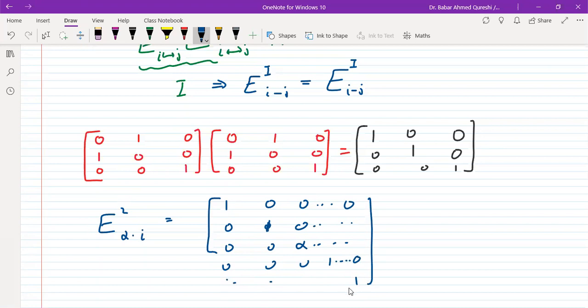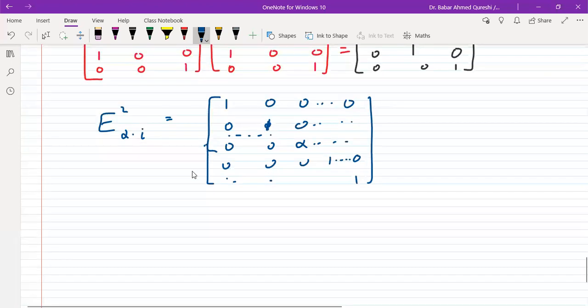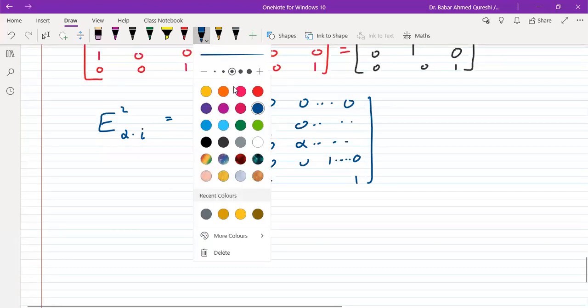I've just written a very, very big matrix. So in the ith row, you multiply with some alpha. Well, probably it would be better if I pick an example.